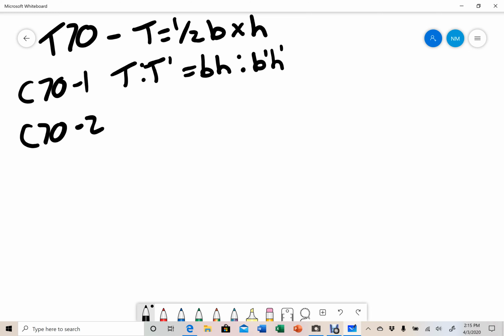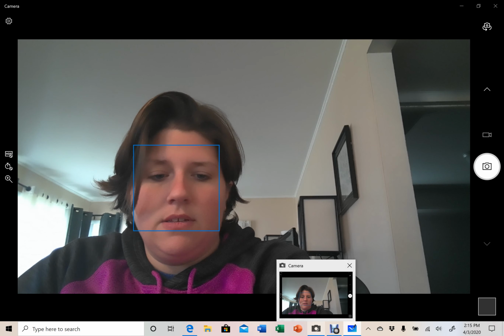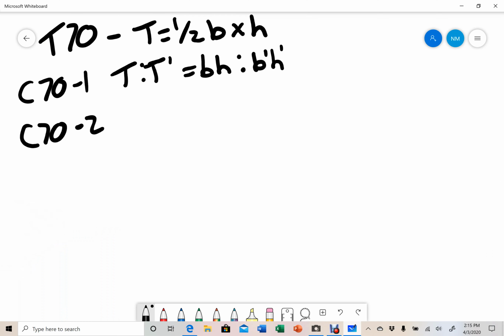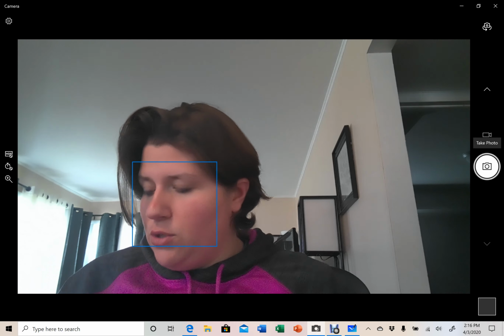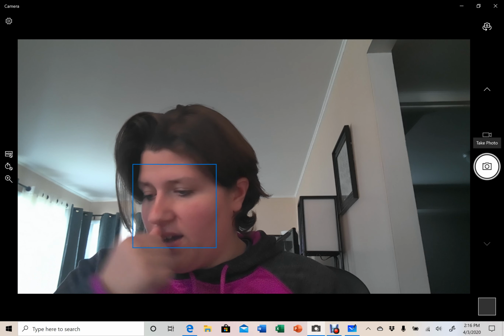All right, so how do we put this down then? We're going to put this as A, T to T is equal to H, which is the altitude, to H. And then B, T to T is equal to B to B. All right, so those are our two options there when we're talking about equal triangles.